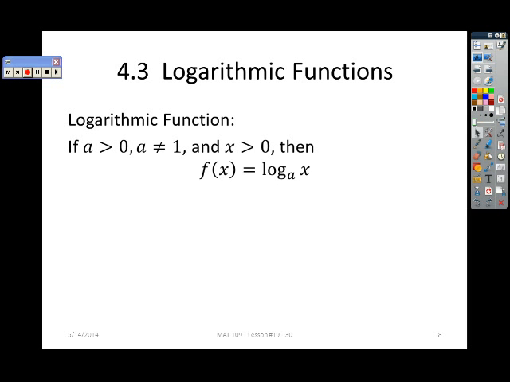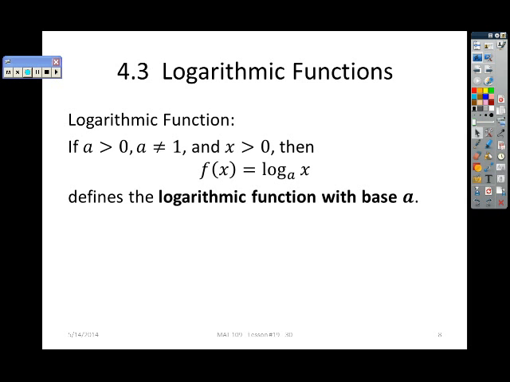Our logarithmic function then is f of x equals logarithm of x, but it's a logarithm with respect to some particular base. That's logarithmic function with base a. And it's different answers if you use a different base. So you must specify what base you're using.